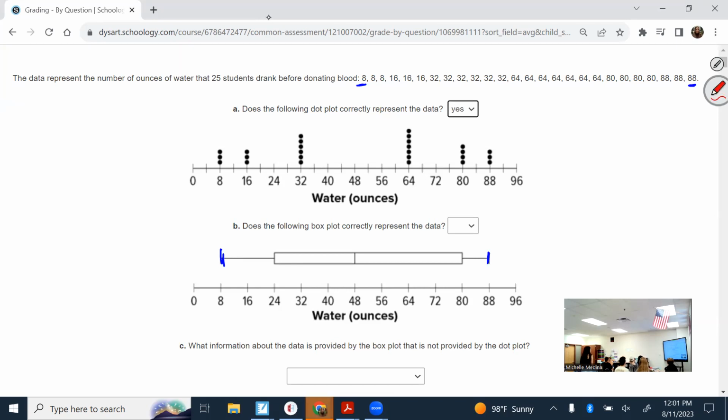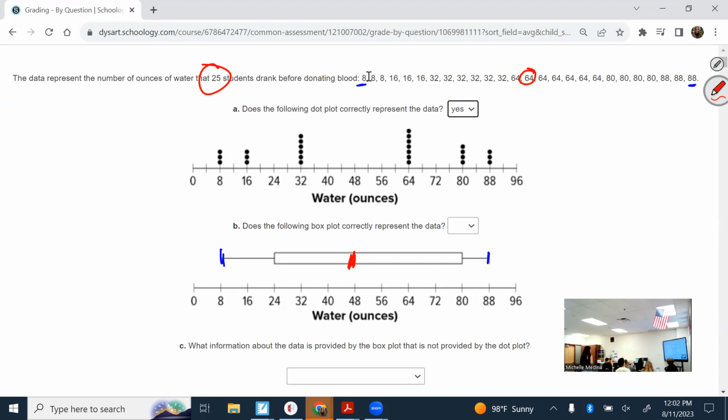And since there are 25 data points, I should only expect there to be one in the middle, and that would be my 13th. 24 divided by 2 is 12, so I know it'll be my 13th data point. So it's 1, 2, 3, 4, 5, 6, 7, 8, 9, 10, 11, 12, 13. Does it have my median at 64?